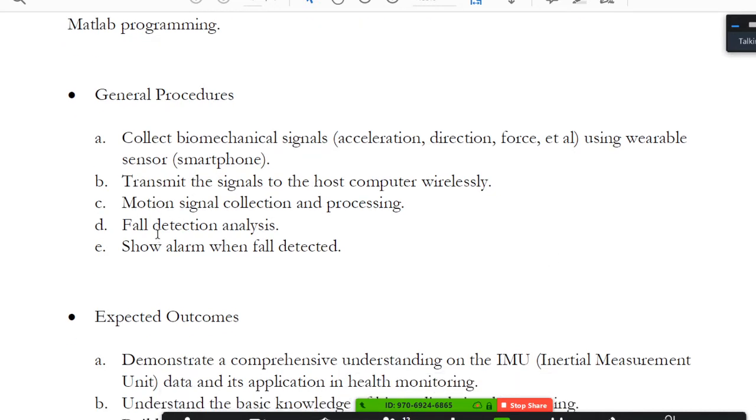And also the third one is motion signal collection and processing. So maybe after today's class, you can start to use this to collect some data. For example, you make some falls, but I don't want you to do a real fall. You just put the phone on the desk and push it down as a falling. Don't do a real fall.